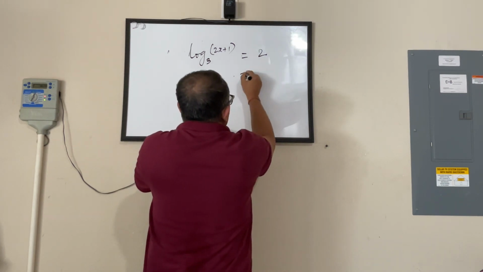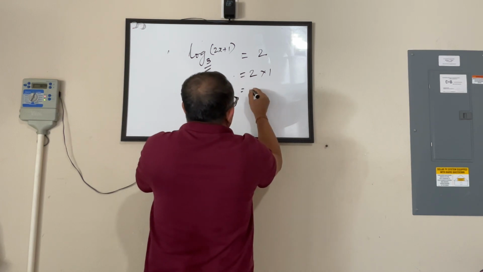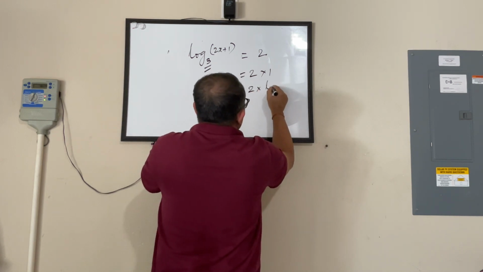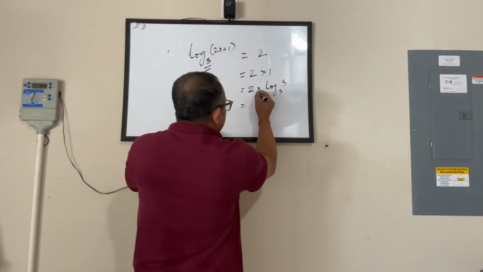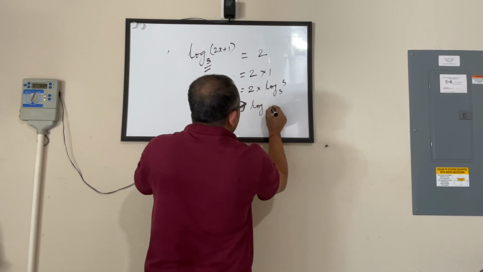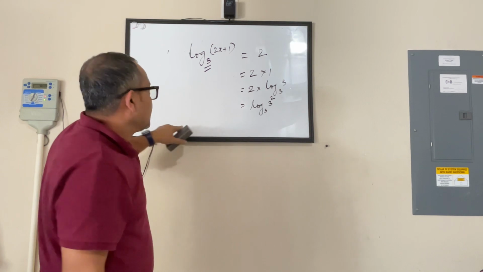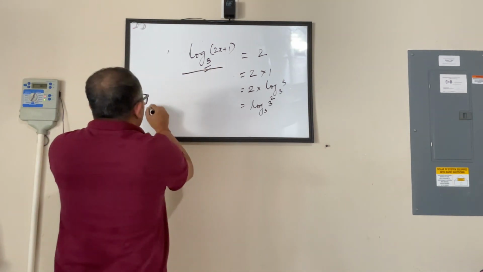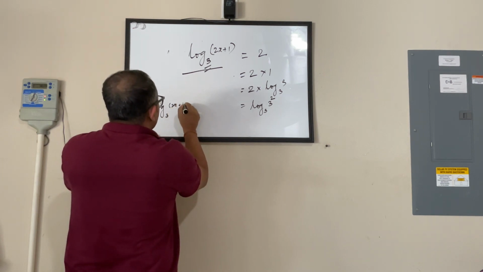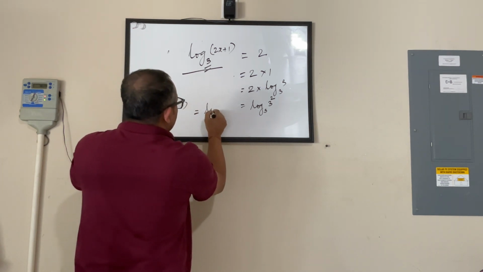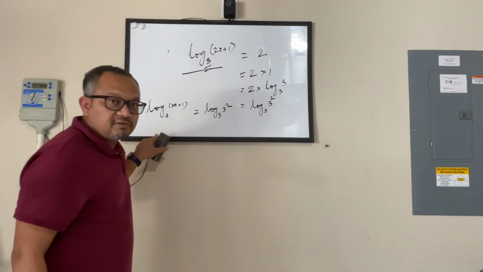Like what we were doing, this 2 can be written as 2 into log 3 base 3, or I can write this as log 3 squared. So now my equation becomes log base 3 of (2x plus 1) equals log base 3 of 3 squared.